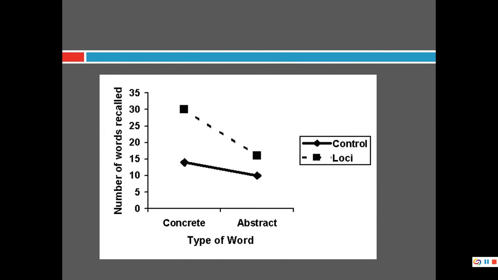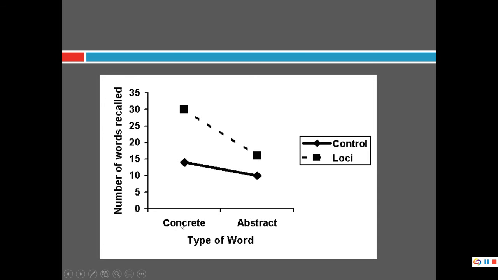In this idealized data, I have, like I mentioned, the type of word, concrete versus abstract words. Concrete, let's say, things that are very specific and, well, concrete, like tree, desk, star, earth.